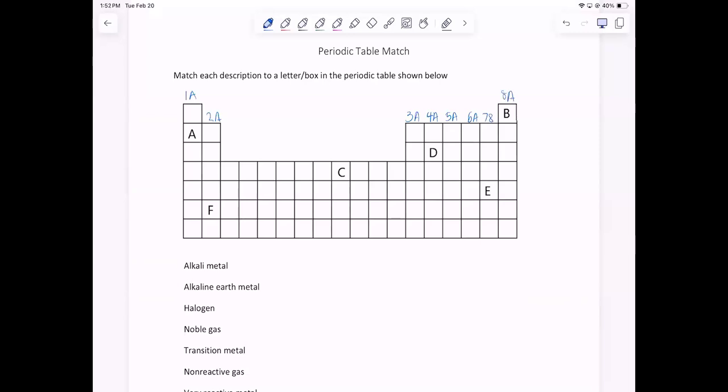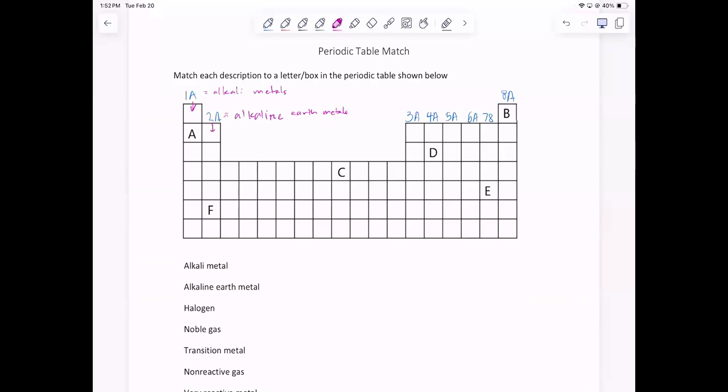And then some of these also have names. Remember, 1A is your alkali metals. Those are very reactive metals, everything in this column. 2A are your alkaline earth metals, and all of those elements in this column are reactive metals.